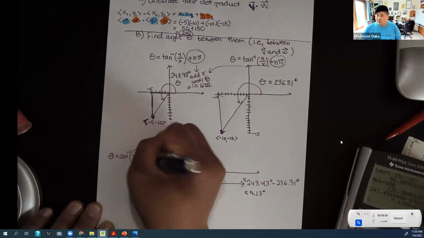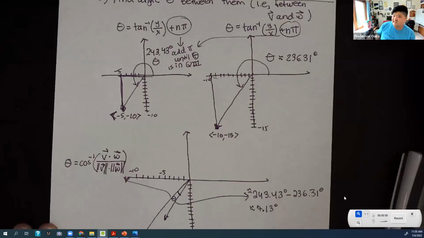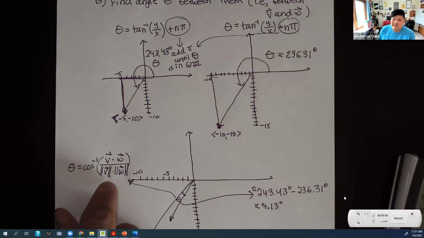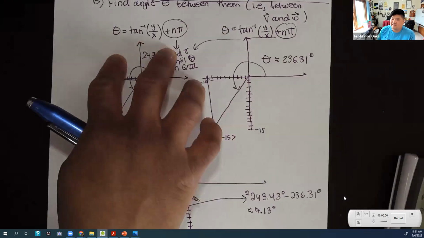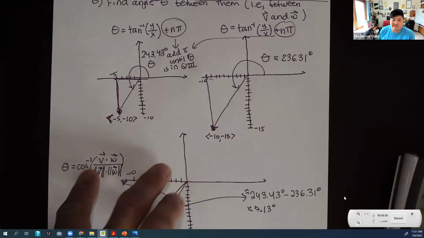So that's where I wanted to point this out, because you asked me, Christina, whether it's always tangent inverse. It's always tangent inverse if you're trying to find the direction angle. But if you're trying to find the angle between the vectors, it's cosine like this.